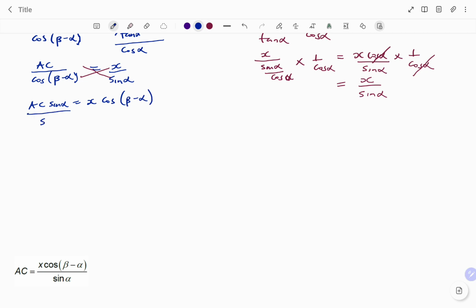Dividing both sides by sine alpha, this cancels, therefore my AC is equal to x cos of (beta minus alpha) all divided by sine alpha, which is the same as what I have here.